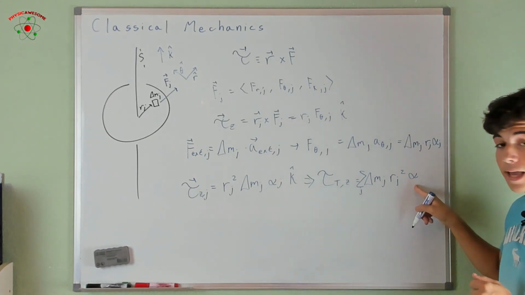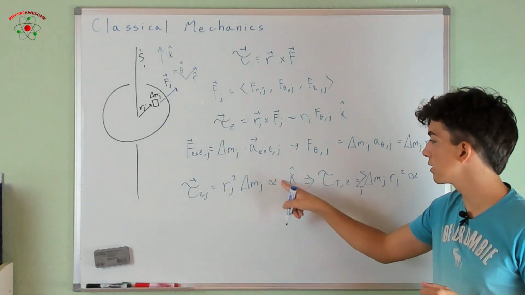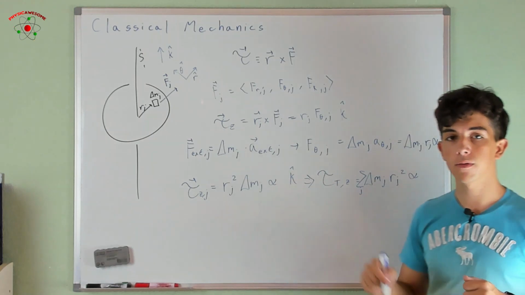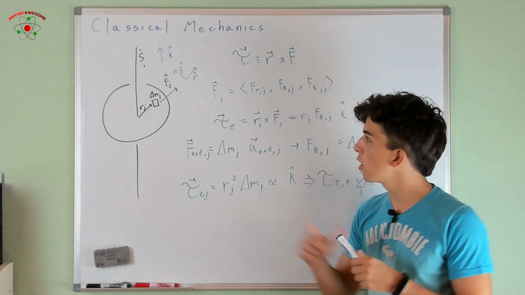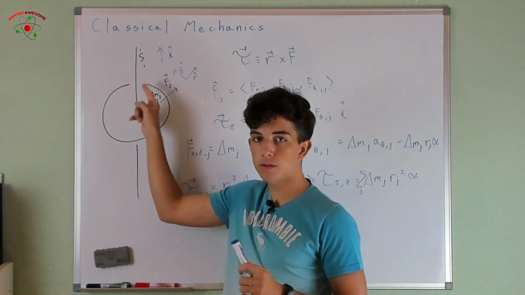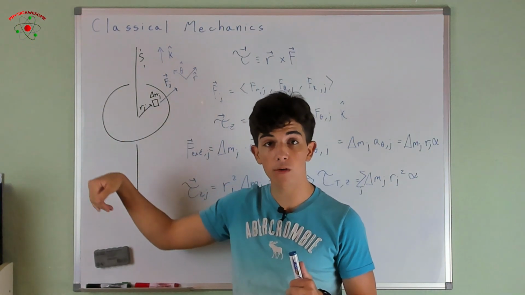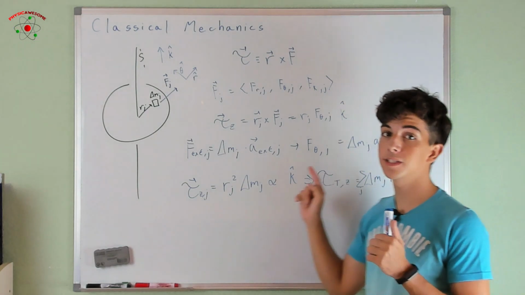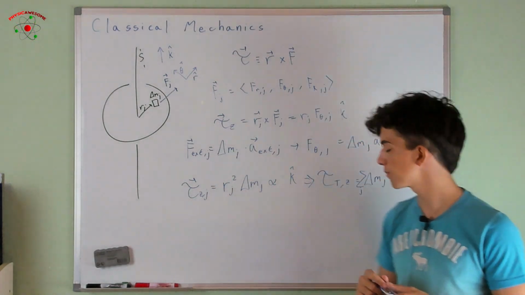And note that alpha, even though I've been writing these j's, is going to be independent of j. All of the different masses of our system have the same angular acceleration. They have different accelerations but have the same angular acceleration.